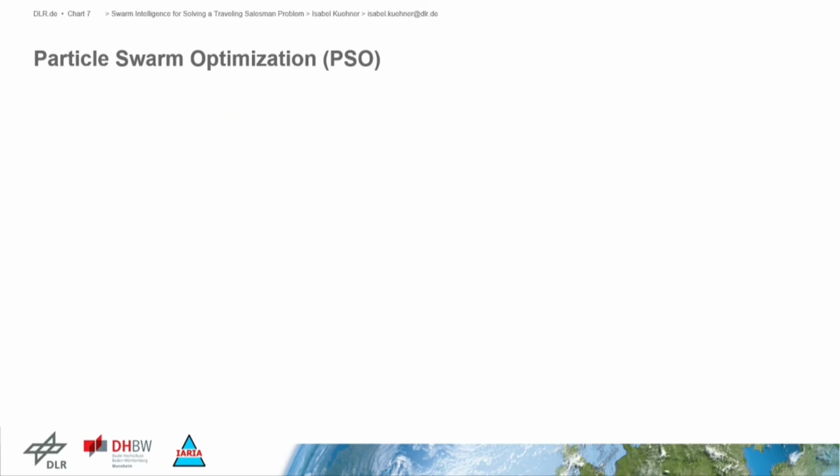For the algorithm, we have in the beginning the random initialization of the path, and we also randomly generate a swap sequence. And this swap sequence is called velocity. This term comes from the history of the particle swarm optimization and the first particle swarm optimization algorithm, where a real bird flock was simulated.